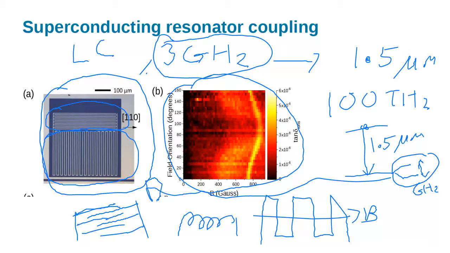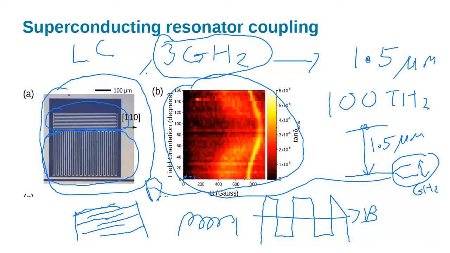What this graph shows is a measurement of the Q factor. Each dot is a measurement of the Q factor. The brighter the dots on this graph, the bigger the loss in this superconducting resonator.